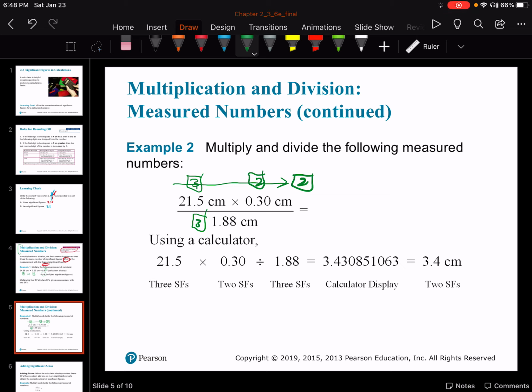And then 2 divided by 3, our whole answer is going to be 2 sig figs. So we'll put this in the calculator. 2.15 times 0.3 divided by 1.88 gives this big long number. And we have to round that to 2 sig figs. It's the 3 that we have to drop, which is less than 4, so we simply say 3.4 centimeters.